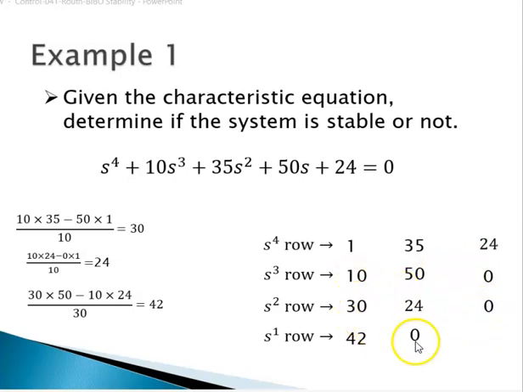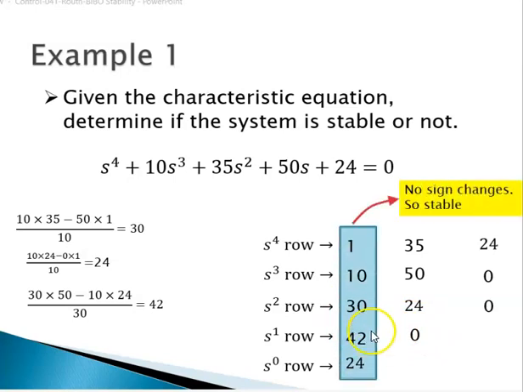Carefully notice, in finding this 30 and 24, 10 is the pivot element. Similarly, in finding this 42 and 0, 30 will be the pivot element. We'll compute the final row. 42 multiplied by 24 minus 0 multiplied by 30, whole divided by 42, that is 24.